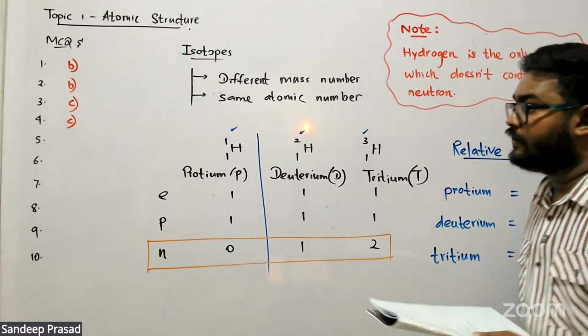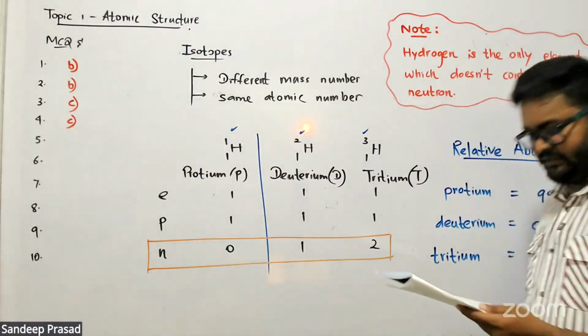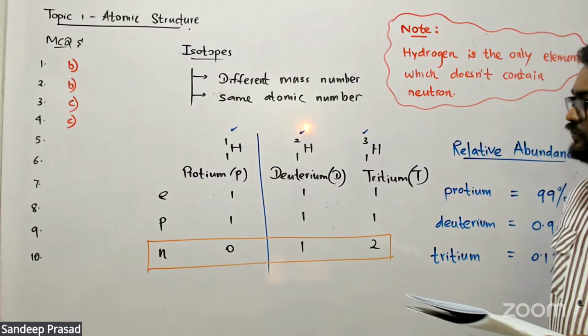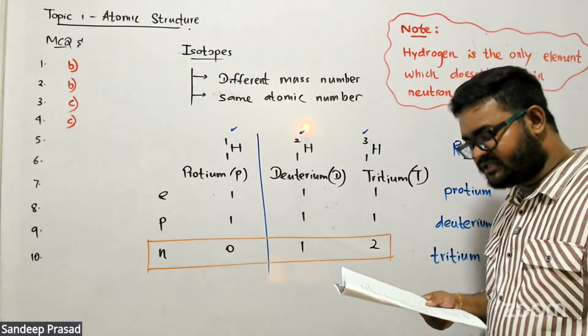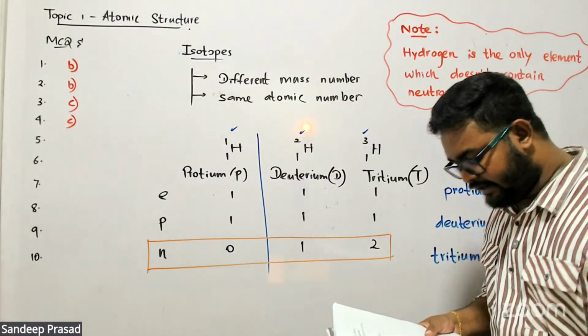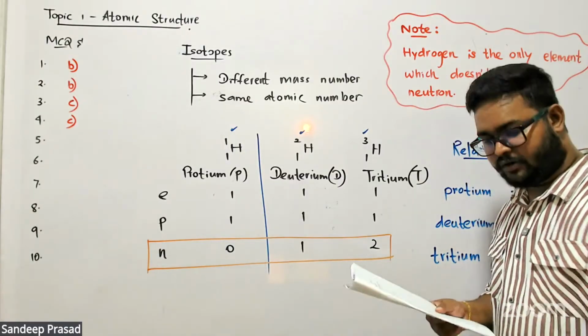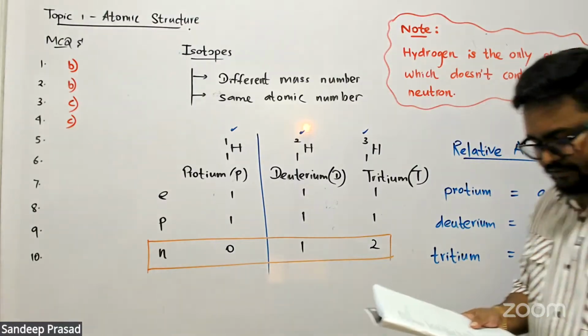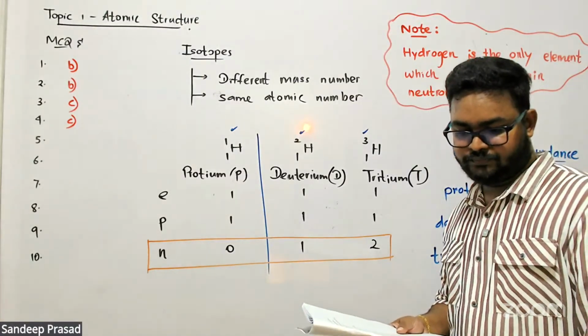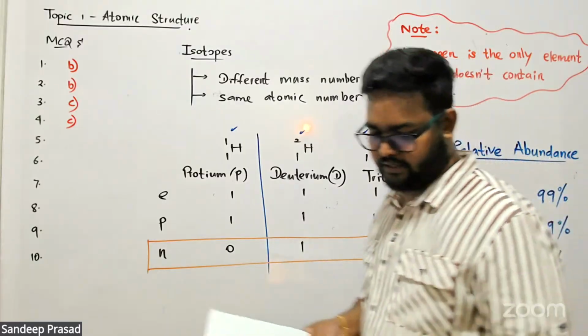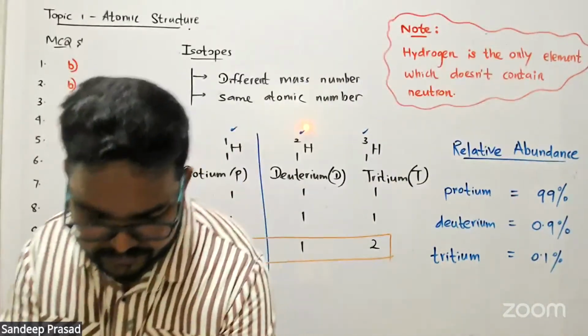Right. Now let's move to question number 5. Actually, you know the answer because I already told you. Can you tell me the answer, students? The relative mass of a neutron is approximately... Yes, Ashfa, you are correct. What about the others?